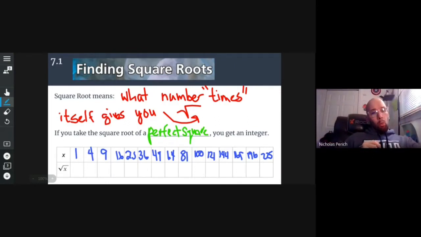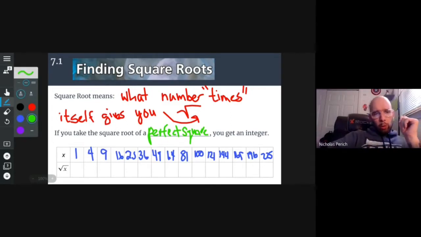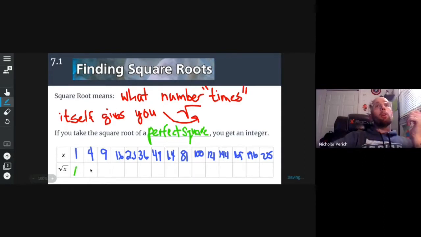So when I ask you what the square root of 1 is, it means what number times itself gives you 1? Well, the square root of 1 is 1. What number times itself gives you 4? 2. What times what gives you 9? 3.